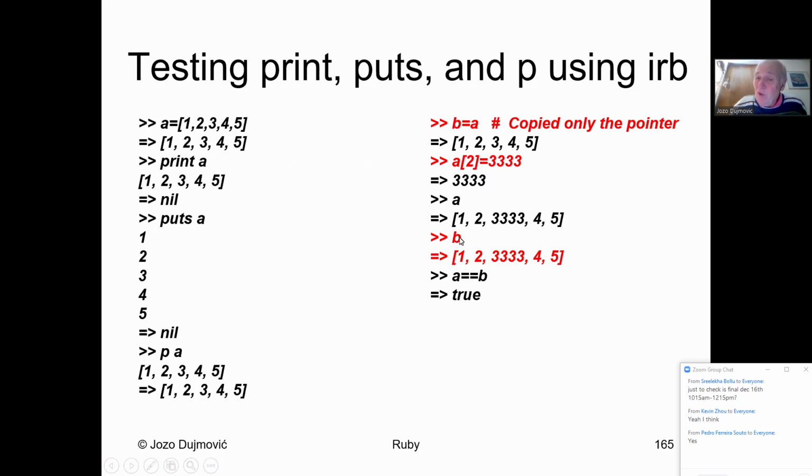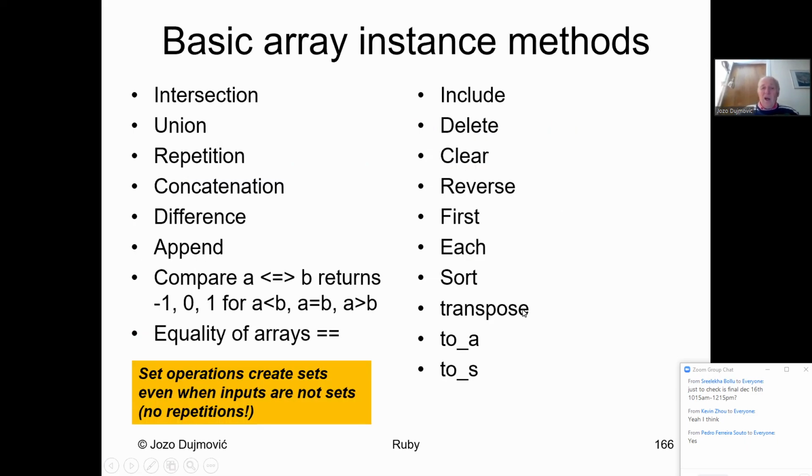But if I say show me B, you have the same thing. So practically A is equal to B because we copied the pointer, not the whole array. So by modifying one component, we modified the component in the other array because both of them are pointing to the same object in memory. So this is clear, but I want you to know that there are plenty of instance methods with arrays.